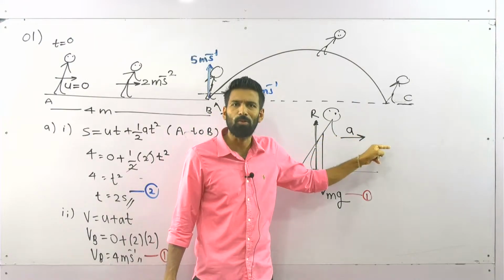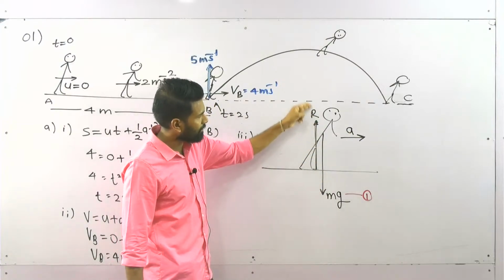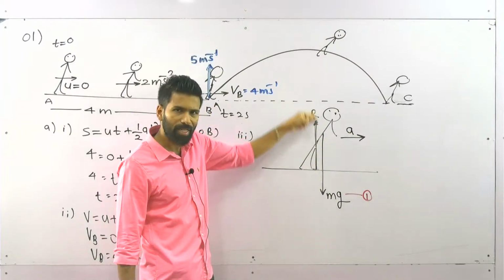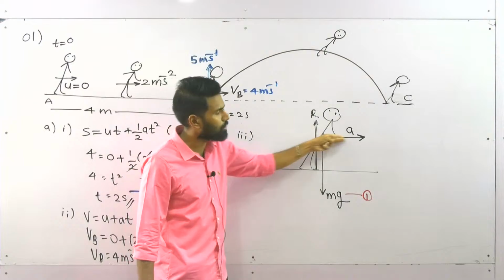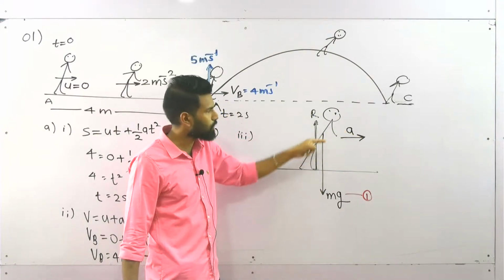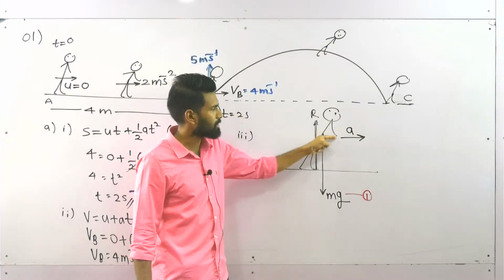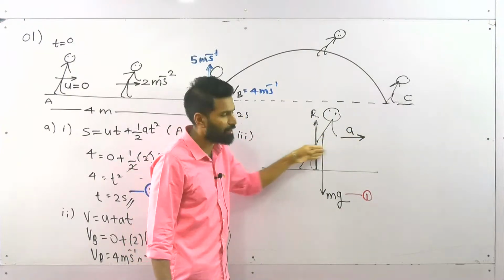So what is the force giving her this acceleration? Weight mg and R, they are vertical forces. Vertical forces can't affect the horizontal. So this acceleration is not gained by mg and R. So what is the force that gives her this acceleration?